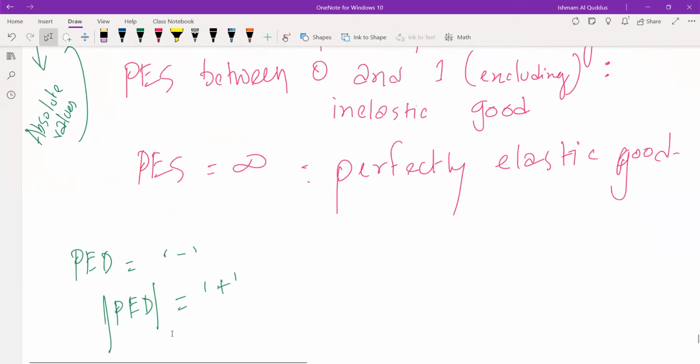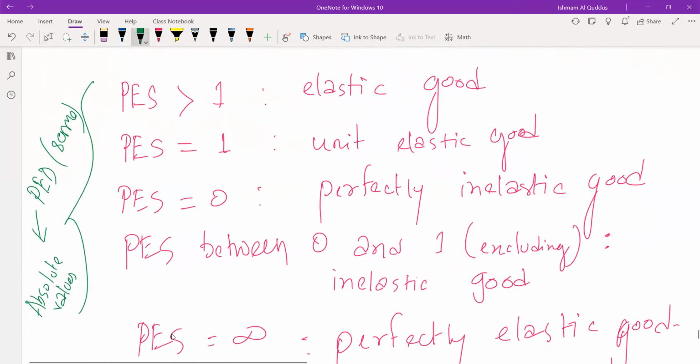So when you take the absolute values, it is exactly the same. So PED greater than 1 in absolute value was also an elastic good. So how the values of price elasticity of supply represent different types of goods is quite the same as how the absolute value of price elasticity of demand did.